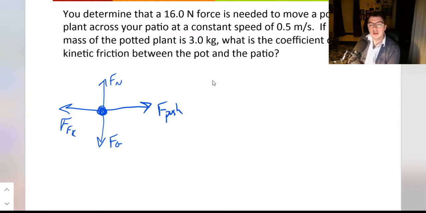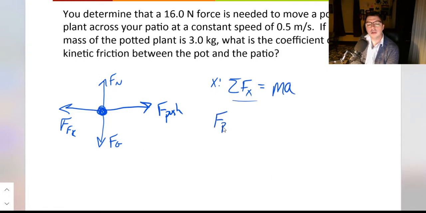If we write the Newton's second law expression in the x direction, we have the sum of forces in the x direction, our net force, is equal to mass times acceleration. Now the sum of forces in the x direction, that's going to be our pushing force to the right minus our force of friction, kinetic, to the left.